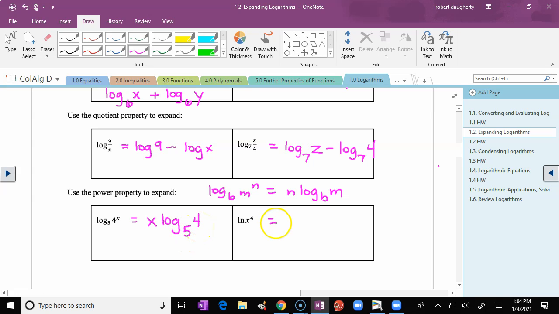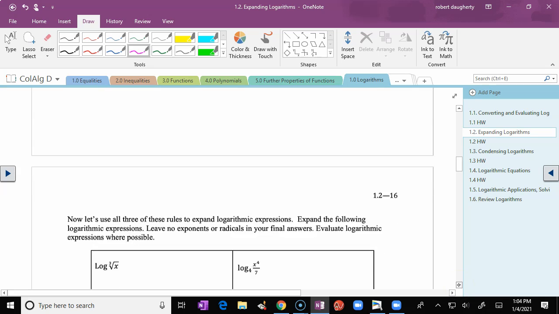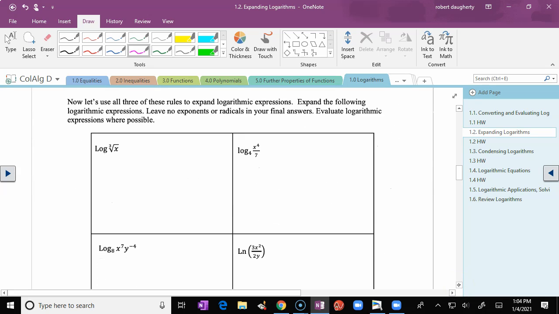And this one, this is 4 times the natural log of x. So I've got the product property, the quotient property, and the power property. Now, what gets a little confusing is we throw them all together sometimes, okay? Let's use all 3 of these rules to expand these logarithm expressions.